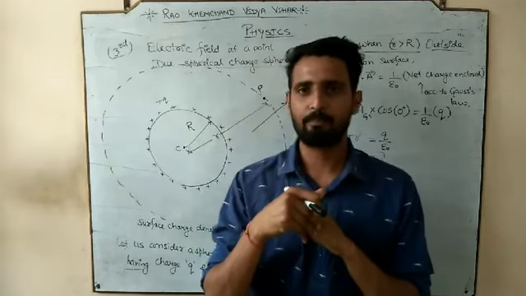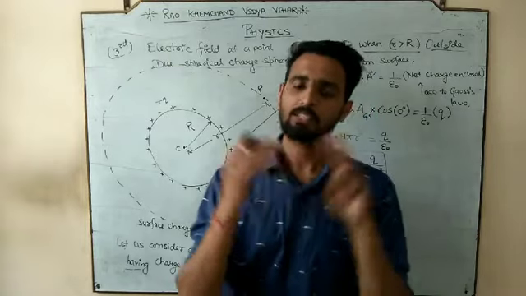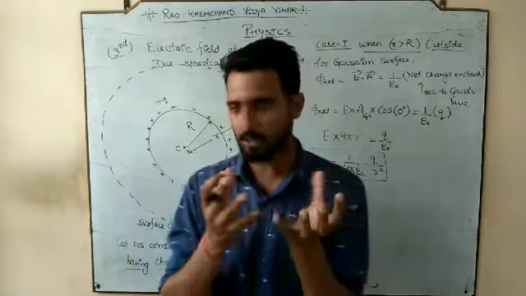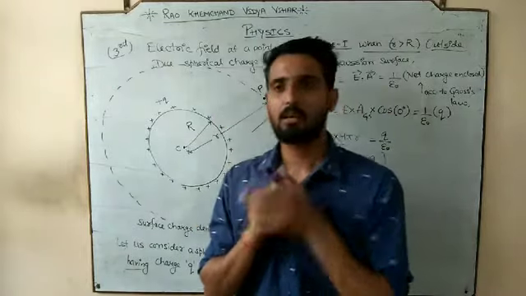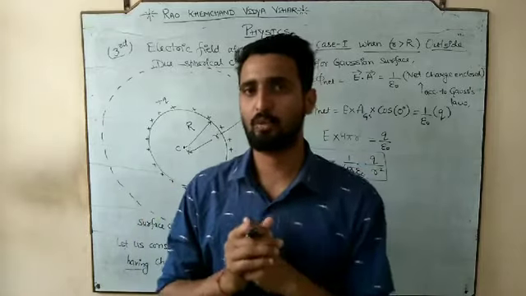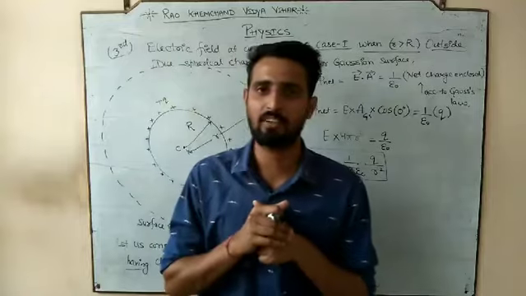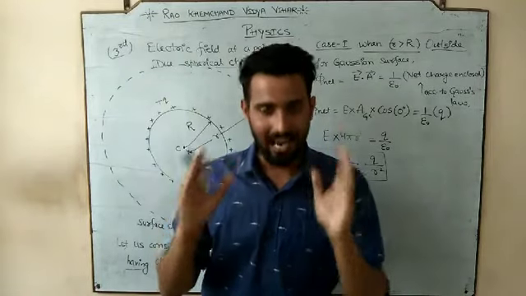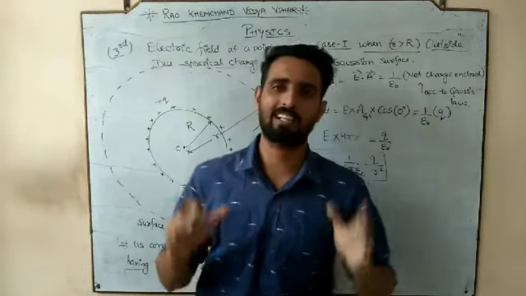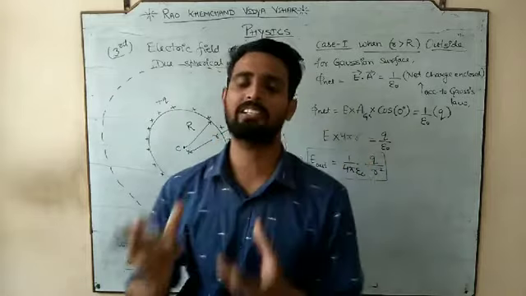We will start them, but before that, we want to clear both of them. Just after this derivation, we are going to do the numericals related to it, and you will get some hot numericals in this lecture. We are going to deal with those high order thinking numericals here itself. As I told you in the class, the high order thinking skill numericals, the hot numericals, are only simple thinking based numericals.